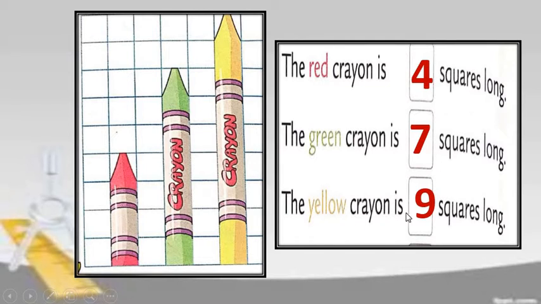Now everyone, write down this in your notebook. I am waiting for you. The yellow crayon is 9 squares long.